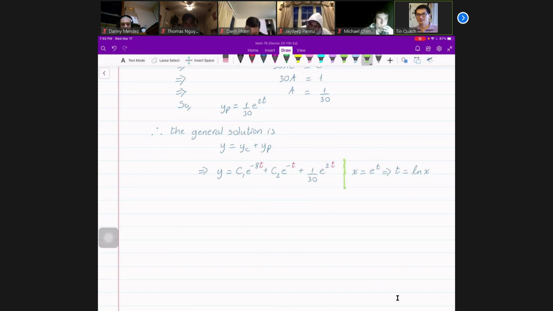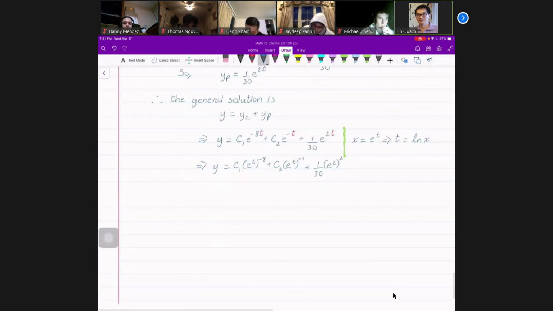So from here, y is equal to c sub 1. So e to the t is x, right? So you can write like this. So that's e to the t to the negative 8th plus c sub 2 e to the t to the negative 1st plus 1 over 30th e to the t raised to the 2nd power.